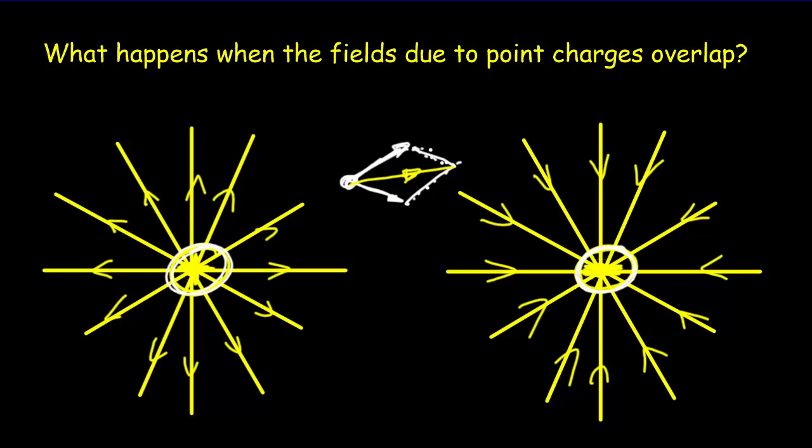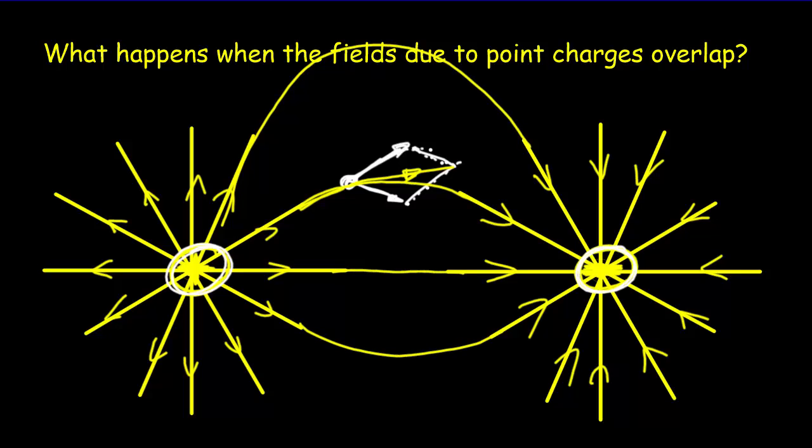And what I could do is continue to evaluate the electric field at all different points. And what I would find is I'd get a pattern that looks something like this. If I pick out a point right here, I'd get a strong attractive force to this charge and a fairly weak repulsive force from this charge.